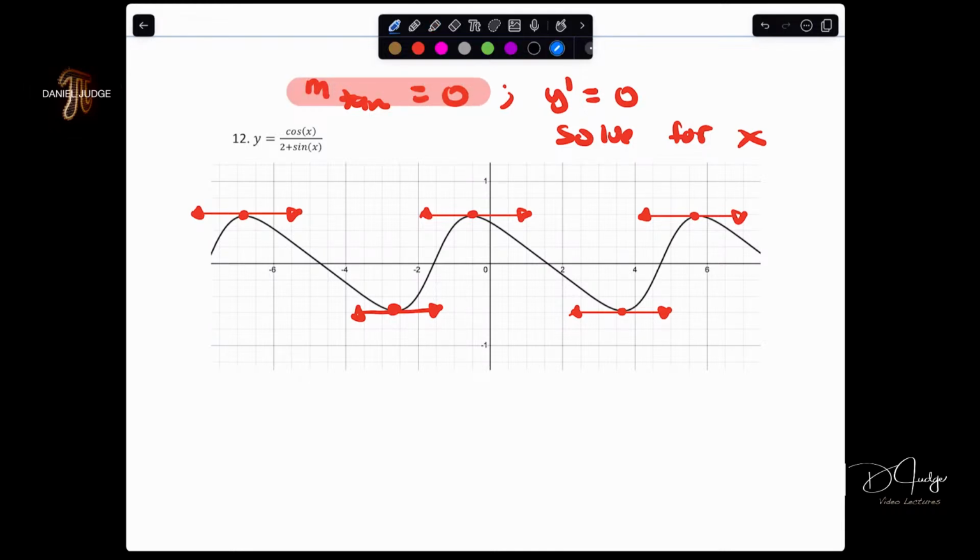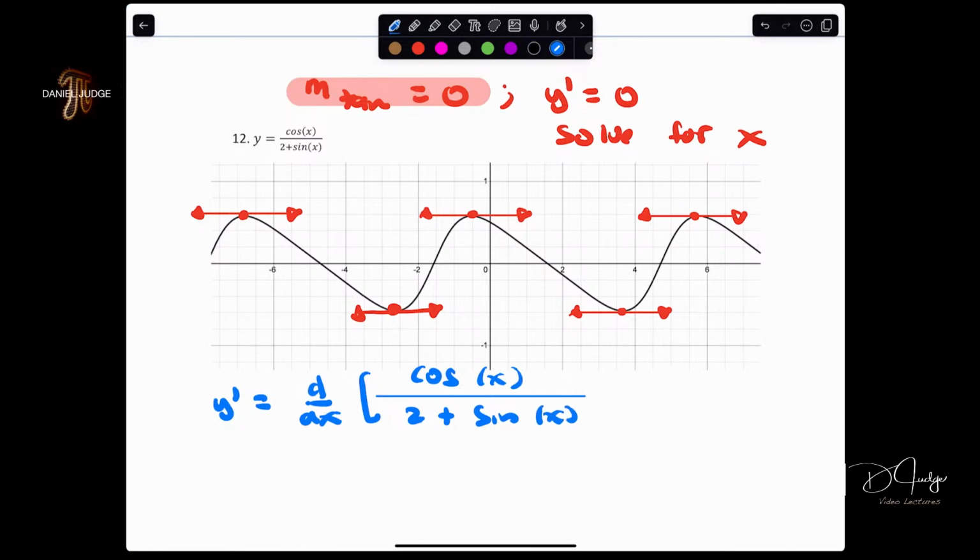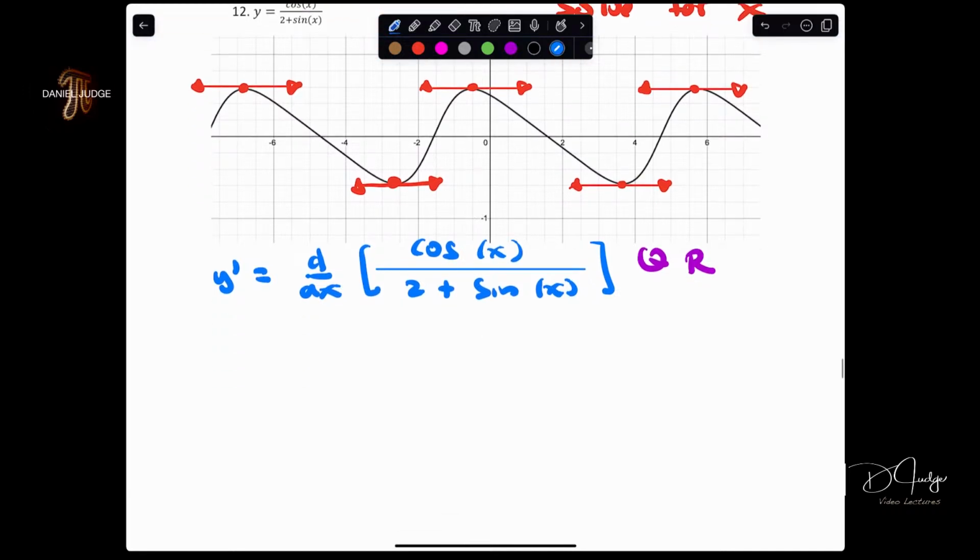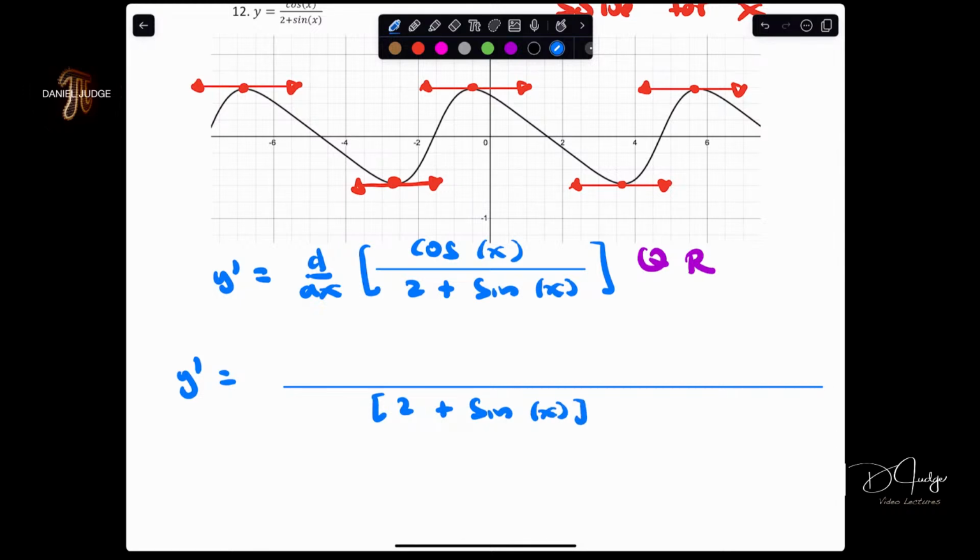So let's find the derivative. I'm going to differentiate cosine over 2 plus sine. We're going to use the quotient rule. 2 plus sine, we're going to square it. 2 plus sine, and take the derivative of cosine.